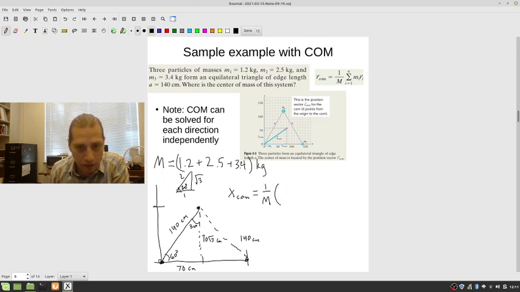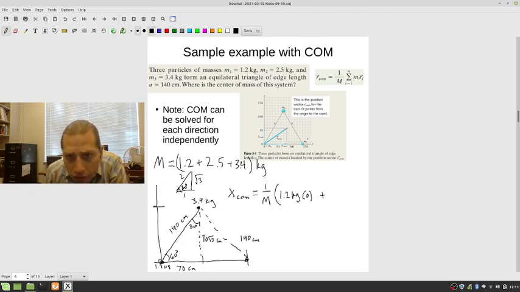and here I'm going to have my M1 is at 0, 0. So I'm going to have my mass 1.2 kilograms times 0, plus my second point is going to be 70 centimeters on. So this is my mass 1 is 1.2 kilograms. This mass 3 right there is 3.4 kilograms.